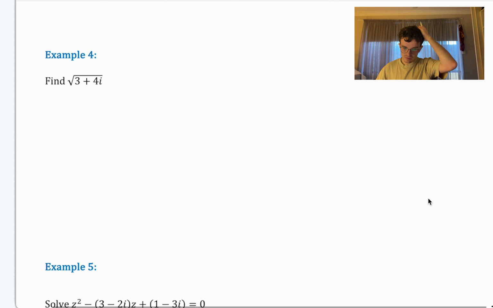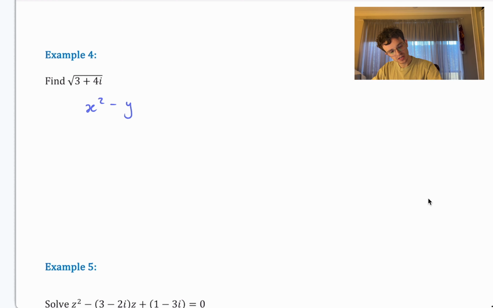So, for example, let's find the square root of 3 plus 4i. We're going to say that x squared minus y squared is equal to the real component of 3 plus 4i, and 2xy is equal to the imaginary component. And we're going to set up a set of simultaneous equations, so we can say obviously that y is 2 on x.